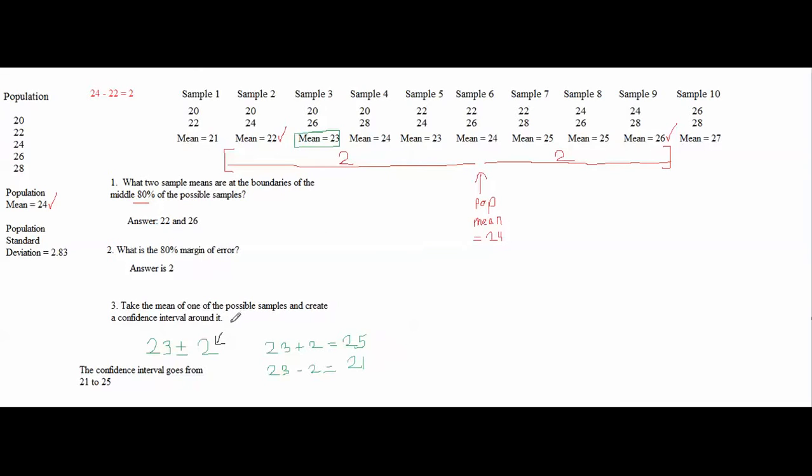If we're adding and subtracting the 80% margin of error, the confidence interval is called an 80% confidence interval. So I could say right here, the 80% confidence interval goes from 21 to 25. The reason why it's called an 80% confidence interval is just because we used the 80% margin of error.